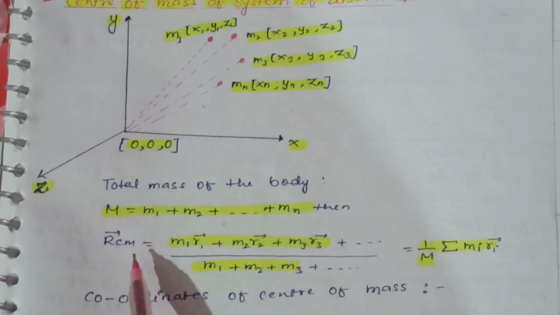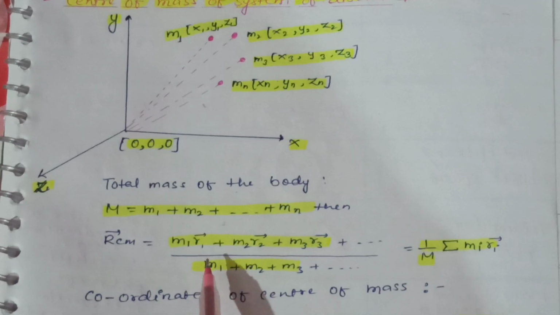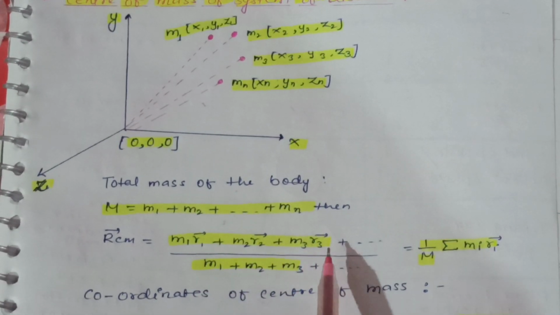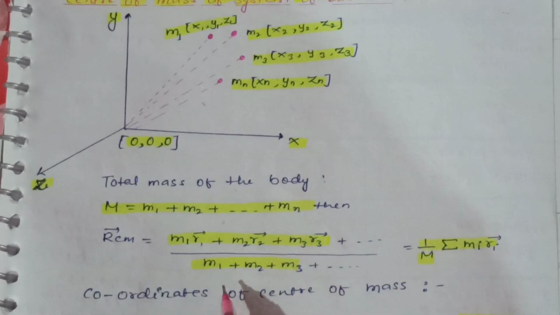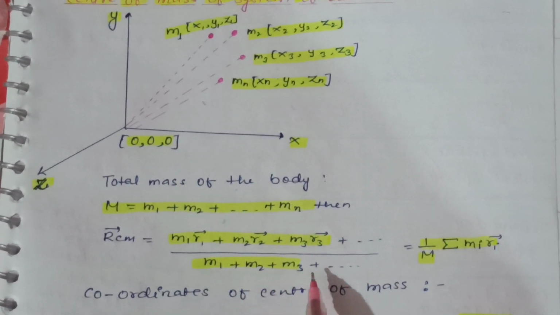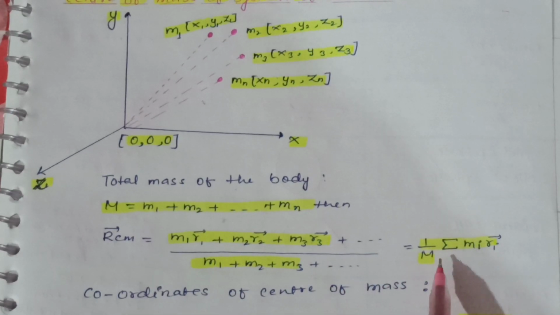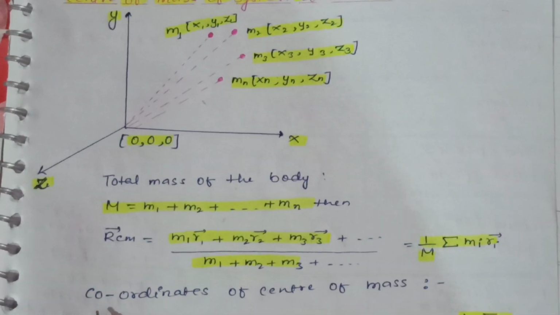Then r vector cm is equal to m1 r1 vector plus m2 r2 vector plus m3 r3 vector and so on, upon m1 plus m2 plus m3 and so on, which is equal to 1 upon M summation mi ri vector.